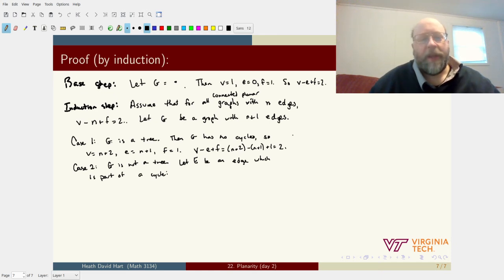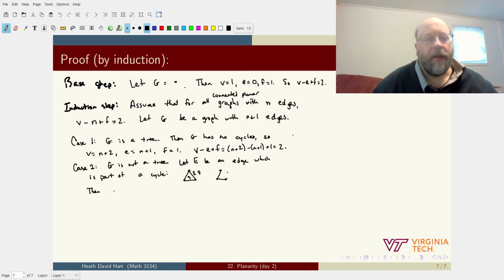So before I start writing some math, let me show you what's about to happen here. I have here a cycle, and E is one of the edges in that cycle. Because this is a cycle, the inside of the cycle and the outside of the cycle are two different faces. If I delete this edge, then I lose one of the edges, but these two faces then merge together, and I also lose a face.